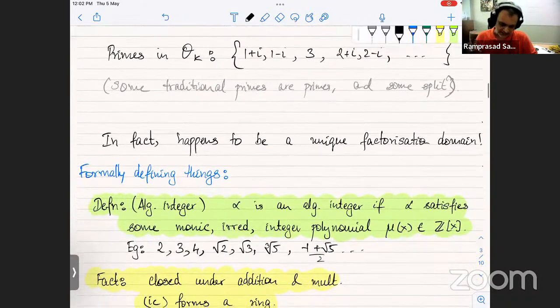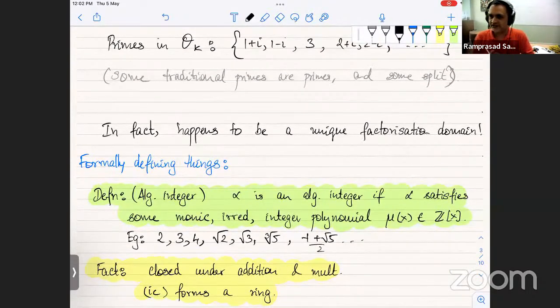And something that is not obvious on the face of it is that if you add two integers, you get an integer. And if you multiply two integers, you also get an integer.